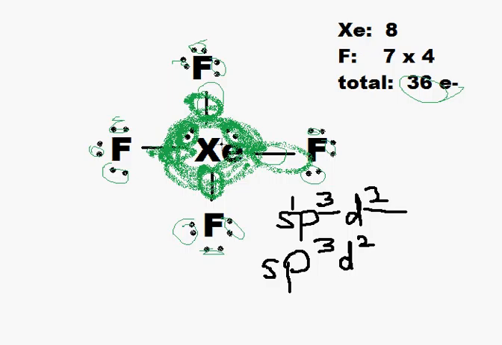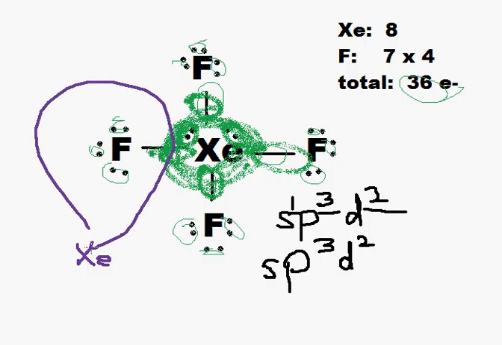So let's see if I can draw it purple. The biggest things that are hanging off of the xenon are the lone pairs, right? So those get the top and bottom positions because those positions have the most elbow room. And then the fluorides will just take positions over here.